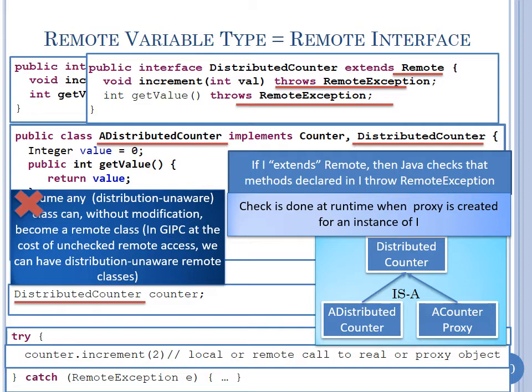My remote class is no longer distribution unaware. A remote class must implement a remote interface. A remote interface must have methods whose headers say that they throw remote exception. Saying that a method throws remote exception makes that interface distribution aware. Okay, so we just can't take existing classes and make them distributed because of this problem.